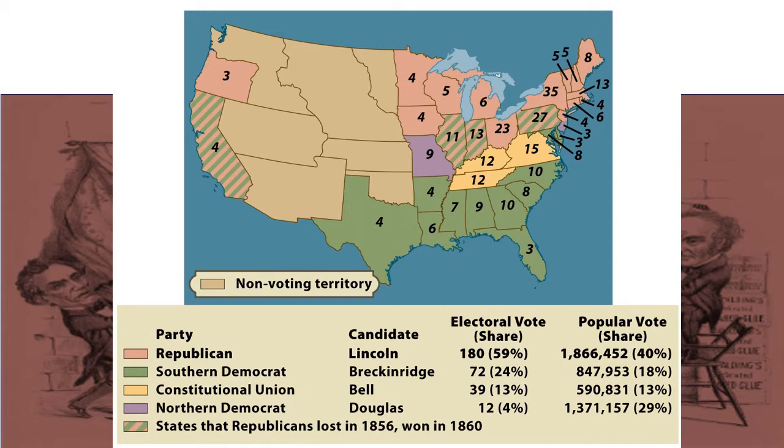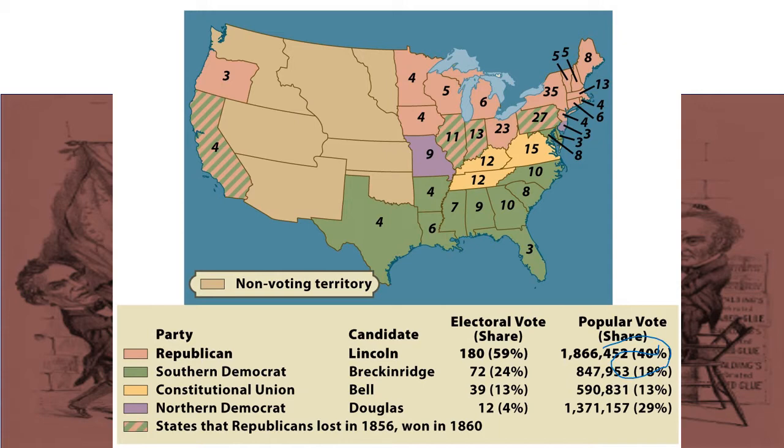It's the electoral vote. And that's where Lincoln came out ahead with 59% of the electoral vote. Now, I want you to consider this. How do you elect a man to be president who doesn't even get a majority of the nation's vote, right? 40%.